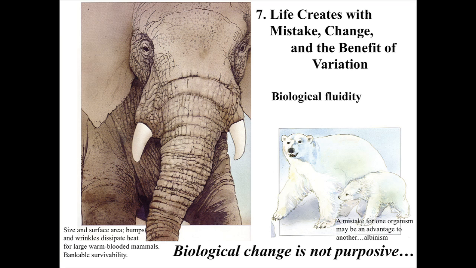But life creates with mistake and change and benefits from variation. A mistake for one organism also could be an advantage to another. Polar bears likely were derived from a bear that was brown. However, an advantage selected for by being white in an odd mutation allows this one to propagate.